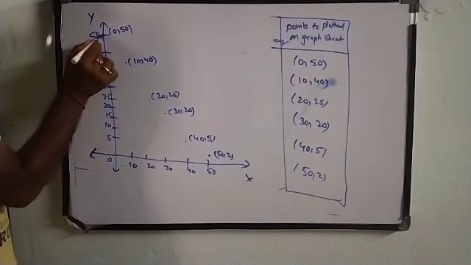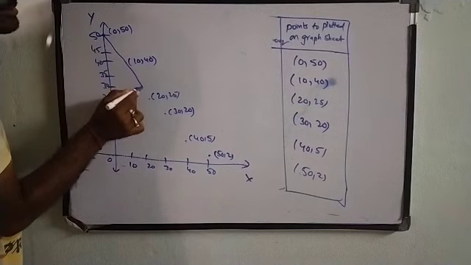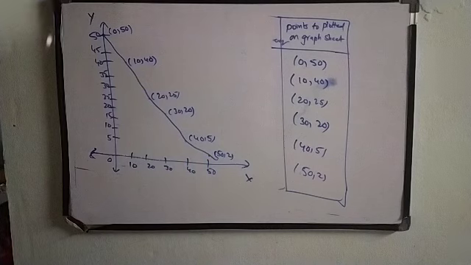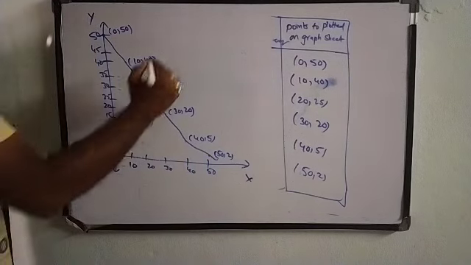So let us join all these points by freehand. This is called the more than ogive curve.